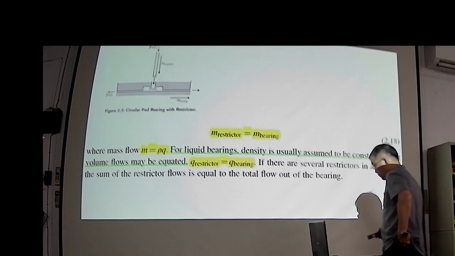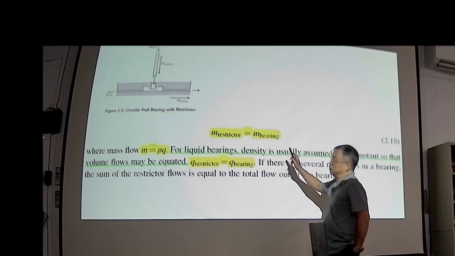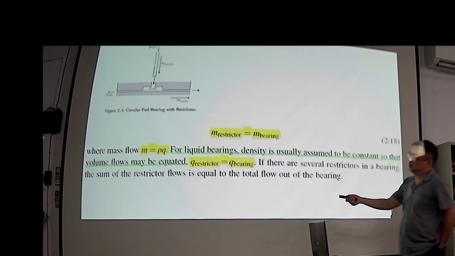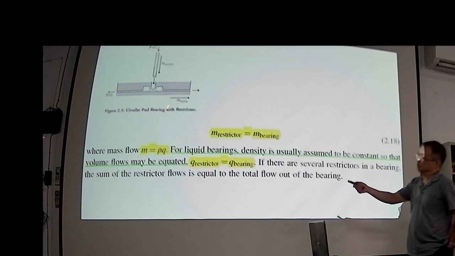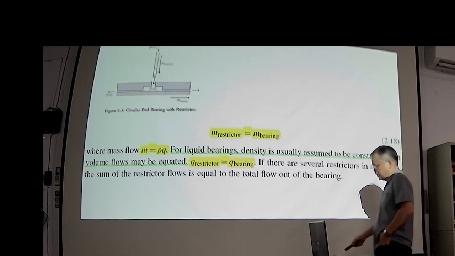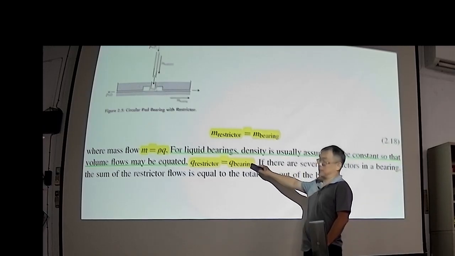So we have this. If we assume the density rho of the lubricant oil remains constant during the process of flow in and flow out, then this equation can be transformed into this equation. This is the mass flow rate, and this is the volume flow rate.